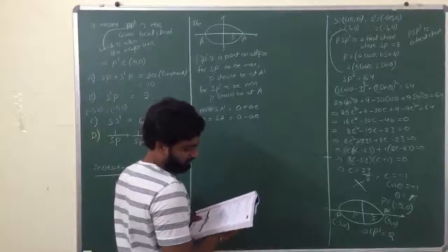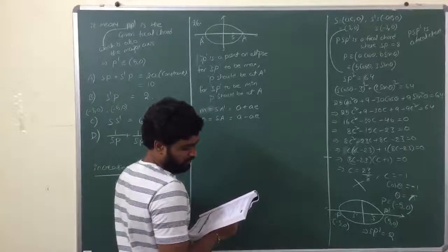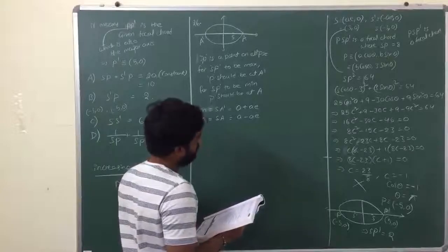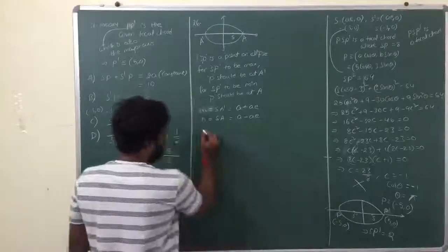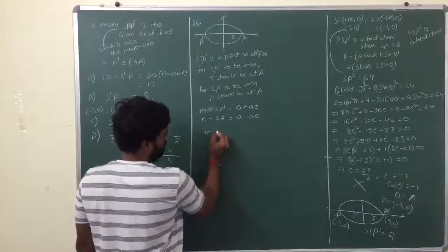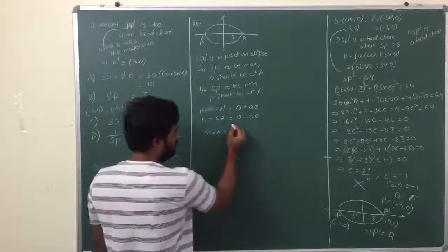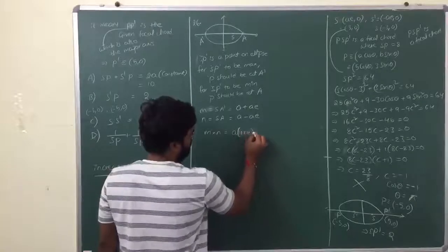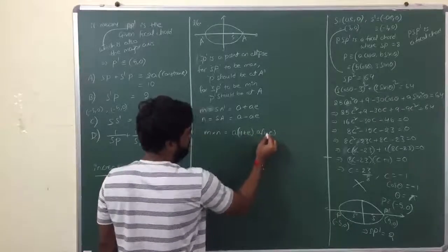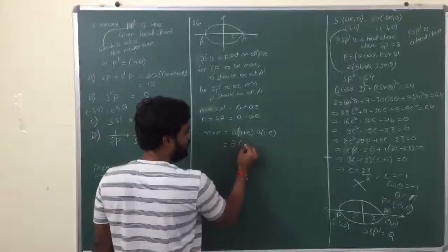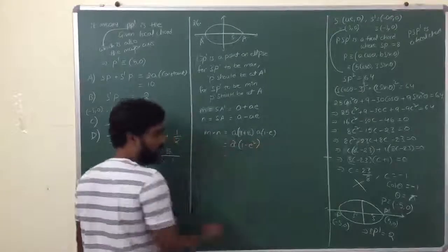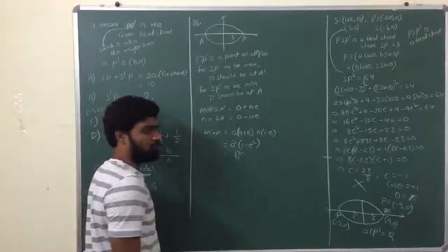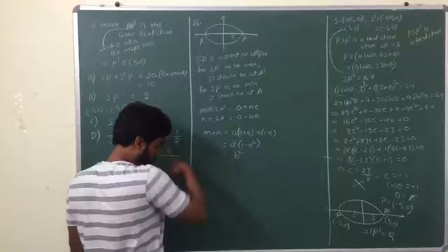Now the question is the length of the minor axis. What is M into N? A of 1 plus E into A of 1 minus E, which means A square into 1 minus E square. A square of 1 minus E square is B square.